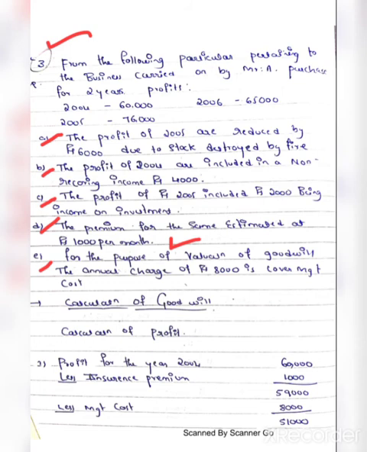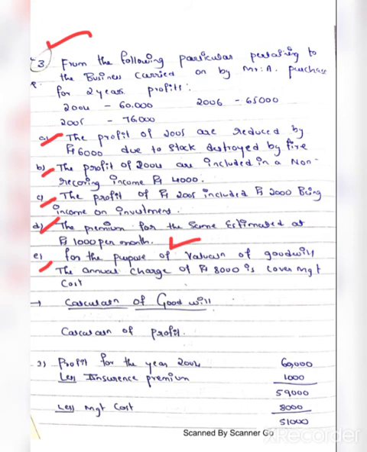So you take all 3 years profit, and every profit you take less premium for estimated cost of rupees 1,000. So this premium is considered less in every year's profit.